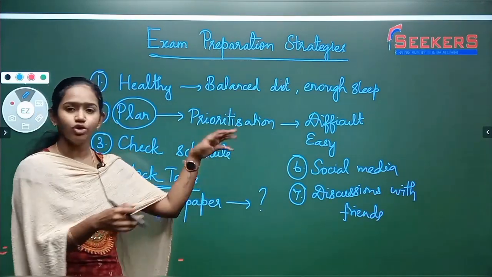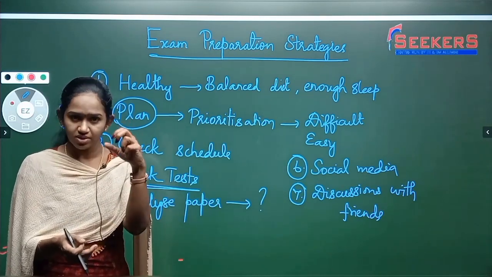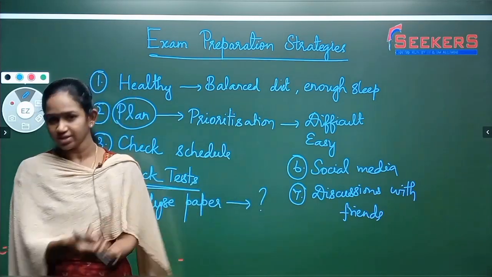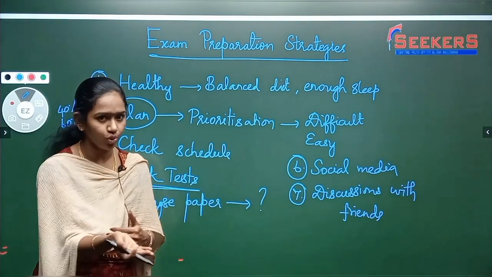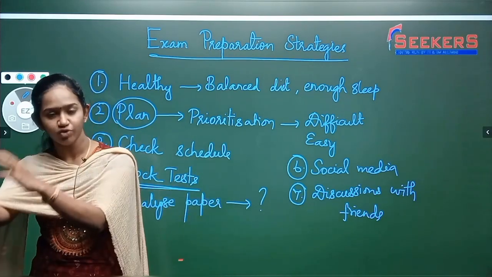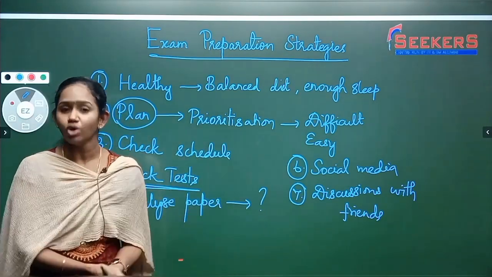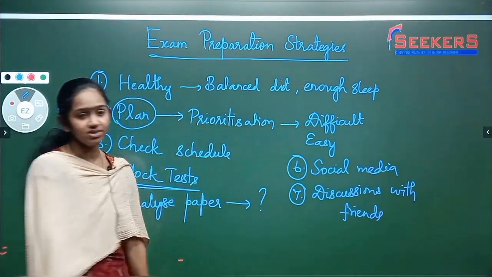So instead of talking or discussing with your friends, please take your books, see from which concept the question has come, try to understand that concept and try to solve it on your own. This will help you, because when the same model question comes in the next test, you will be able to solve it immediately.